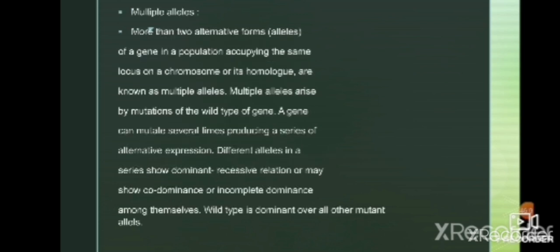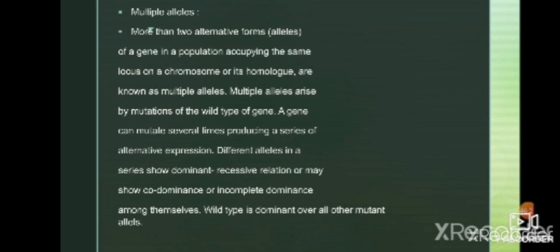Multiple alleles. More than two alternative forms of a gene in a population occupying the same locus on a chromosome or its homologue are known as multiple alleles. Multiple alleles arise by mutation of the wild type gene.